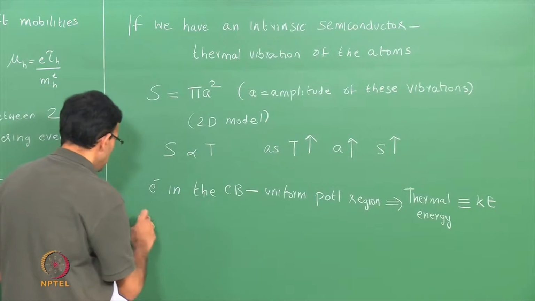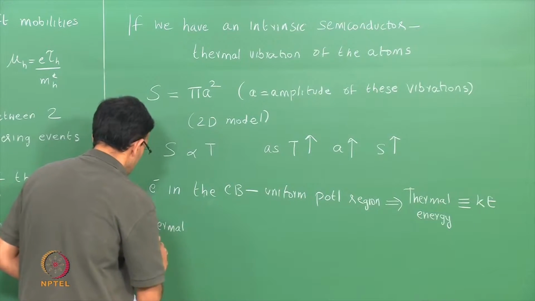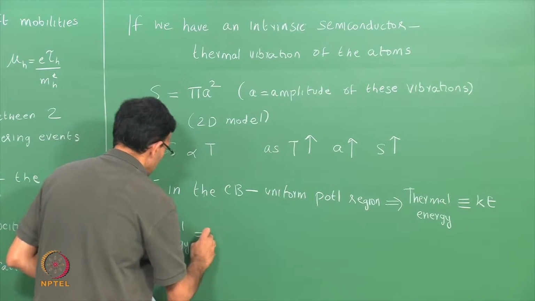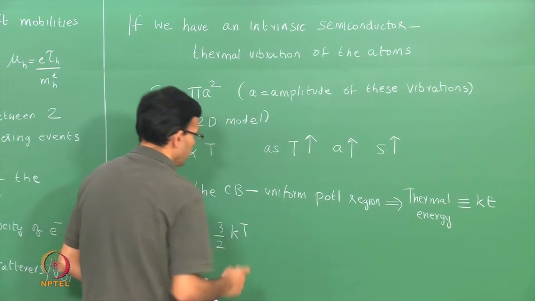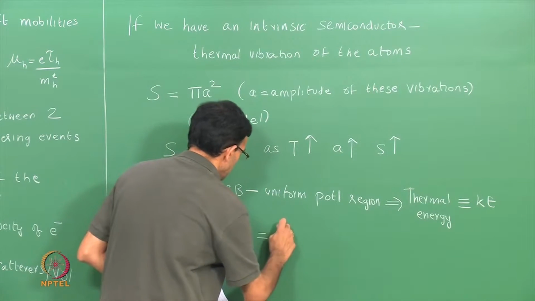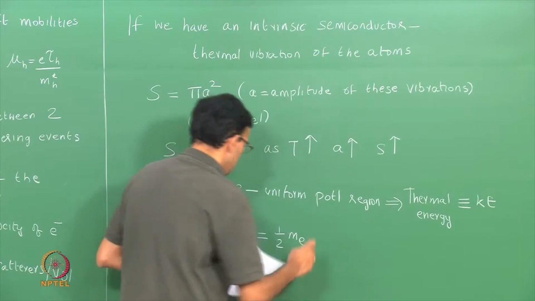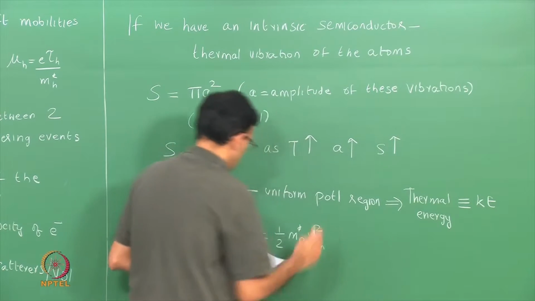Typically, thermal energy is given as 3/2 kT, and the kinetic energy is nothing but 1/2 mv square.